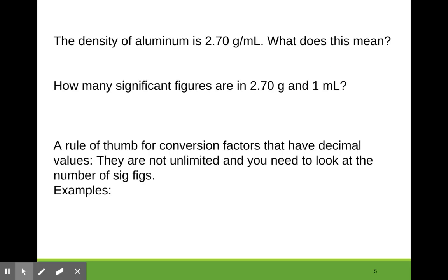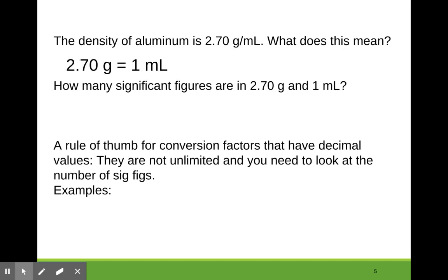Okay, so what we see here is that we have 3 significant figures for the grams, and 1 significant figure for the milliliter. And so our rule of thumb for conversion factors that have decimal values is that they are not unlimited, and you need to look at the number of sig figs.